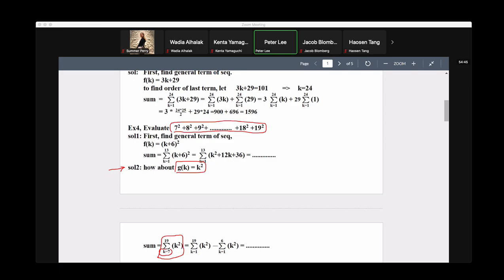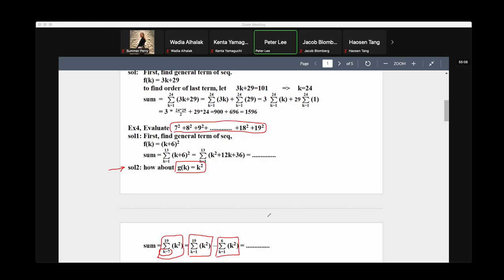But actually, we can do this. How about if we add all the terms which are missing at the front? So this can now be written as sigma k squared, k equals 1 through 19. So now you can use the formula minus the first 6 terms. Can you do this? Yes, you can. And then this will give you a number, then minus another number.